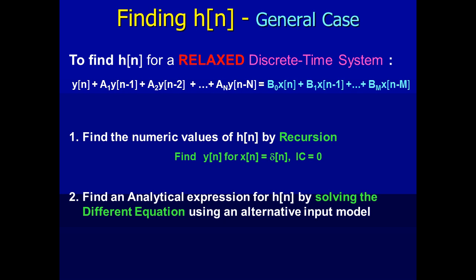But just like what happened in continuous time systems, I can't necessarily solve the system for a unit sample at n equals 0 and nothing else, because it messes up my forced response approach. So we're going to need an alternate model for the unit sample function to do it.